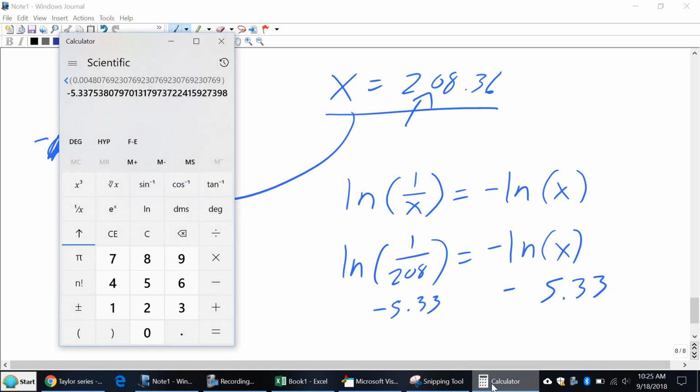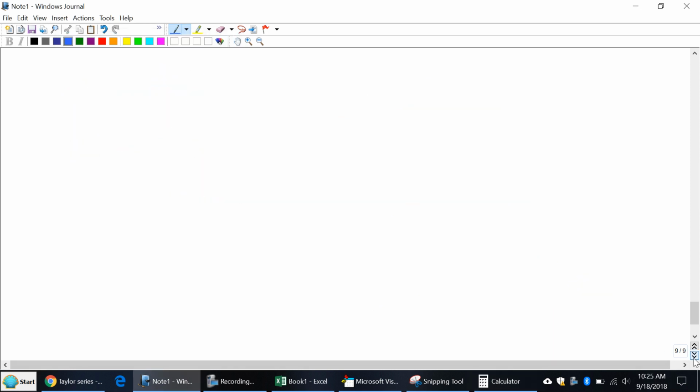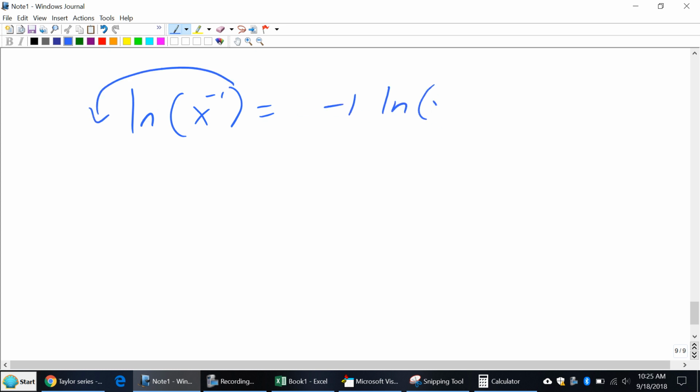Does everyone see that? These are just the laws of logarithms. Essentially you're saying the natural log of x to the -1. Remember, when you take the log, you pull this exponent out and you get -1 times the natural log of x.